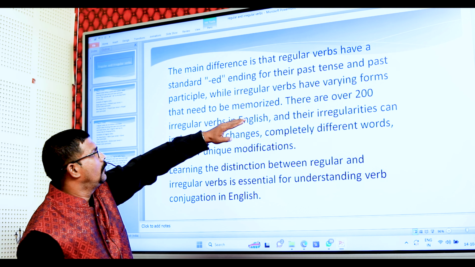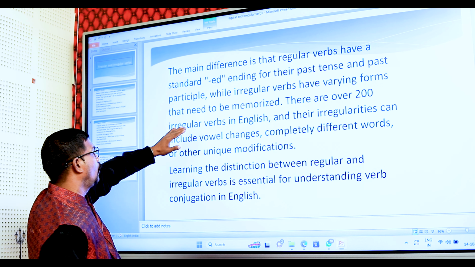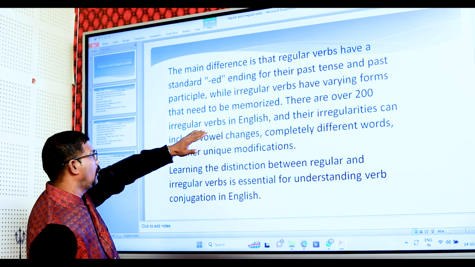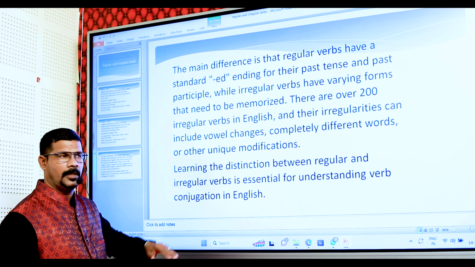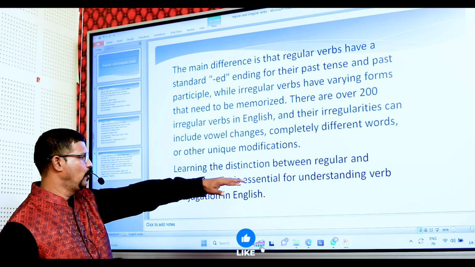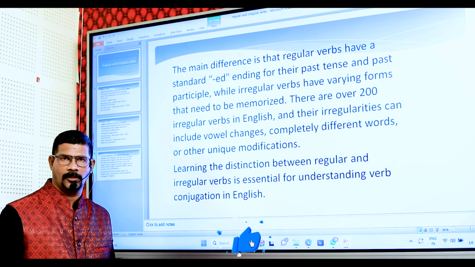There are over 200 irregular verbs in English, and their irregularities can include vowel changes, completely different words, or other unique modifications. Learning the distinction between regular and irregular verbs is essential for understanding verb conjugation in English.